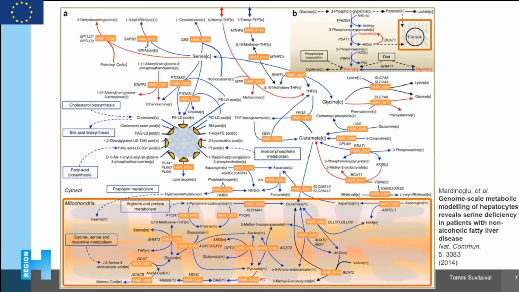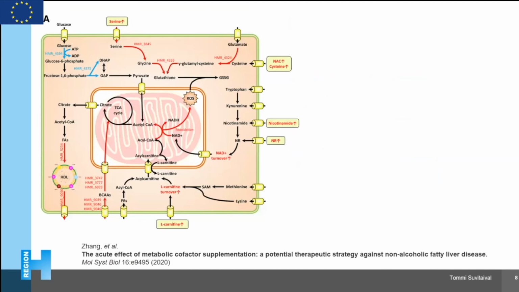And by doing that, they identified what is changed in the disease in the network, where the balance is gone wrong, and they could find that certain amino acids are basically shut down, or there's a change in the synthesis of these. So blue arrows happening here. So we have less traffic than what we would expect in a healthy cell. And as a follow-up, this study was taken forward.